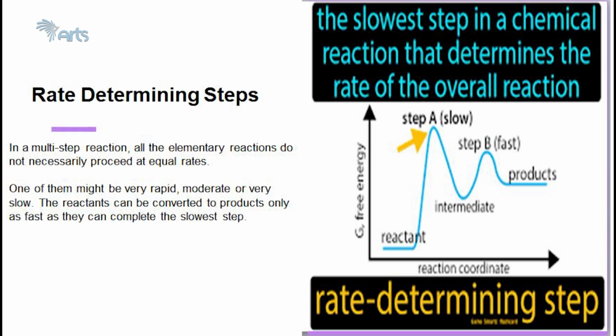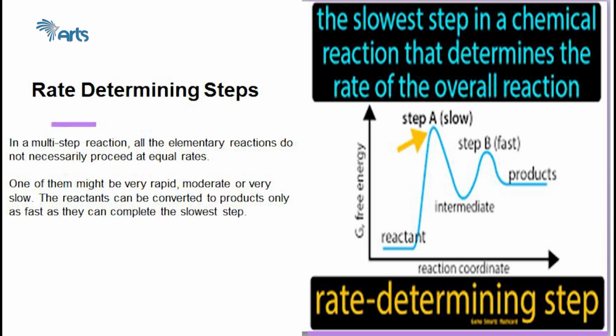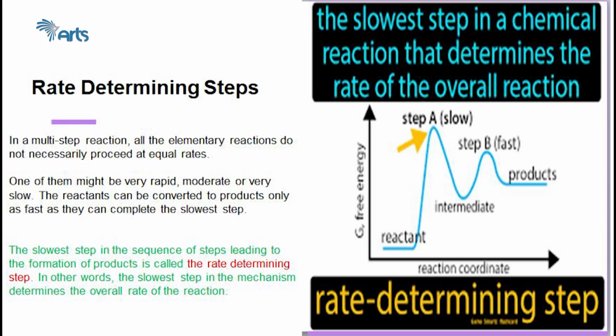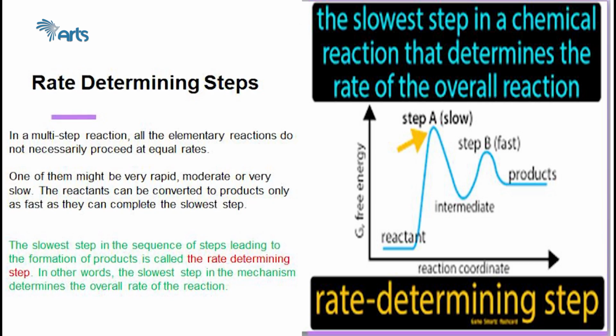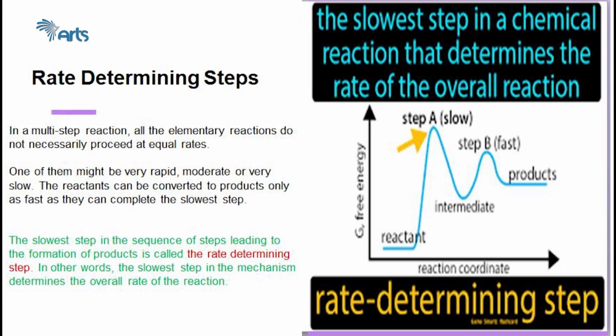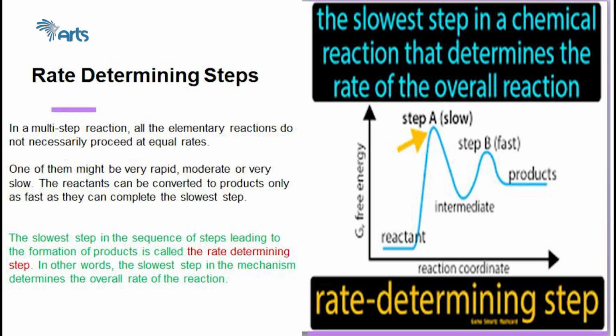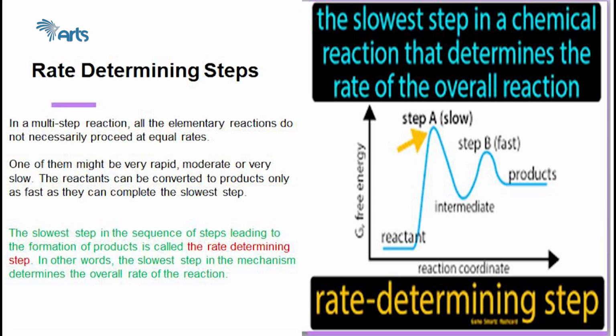The reactants can be converted to products only as fast as they can complete the slowest step. So the slowest step in the sequence of steps leading to the formation of products is called the rate determining step. In other words, the slowest step in the mechanism determines the overall rate of the reaction.